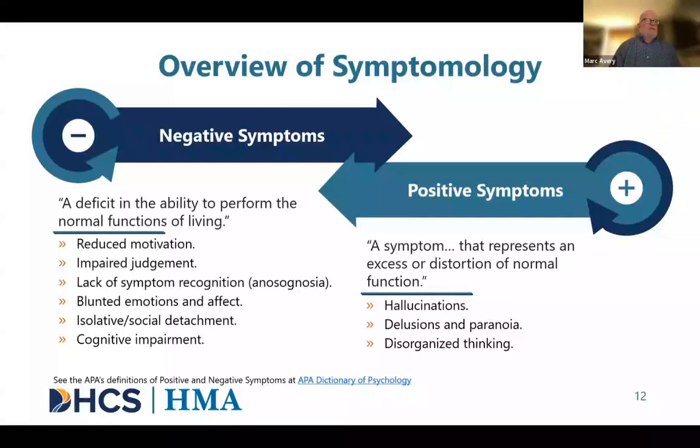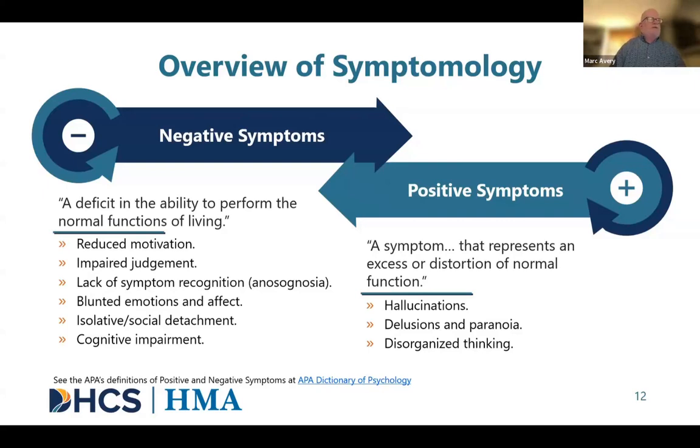So the negative symptoms that you might see or someone might experience are things like reduced motivation, impaired judgment, lack of symptom recognition, known as anosognosia, blunted emotions and affect, social detachment or social isolation, and cognitive impairments. The positive symptoms, on the other hand, are symptoms like hallucinations, delusions, paranoia, and disorganized thinking. We'll talk about many of these symptoms in more detail.